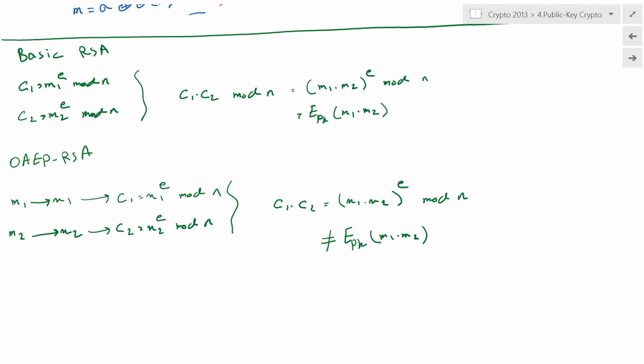What is most important for us is that it is not deterministic, it is randomized, and it is secure against CCA attack. Now that we gained this, it's a good point to remember that we lost one of the nice properties of RSA, and with this kind of padding, unfortunately, we can't do anything about it. That property of RSA is gone.